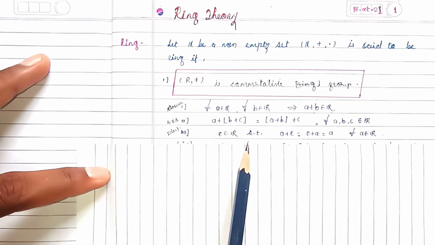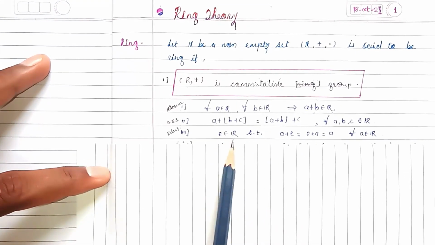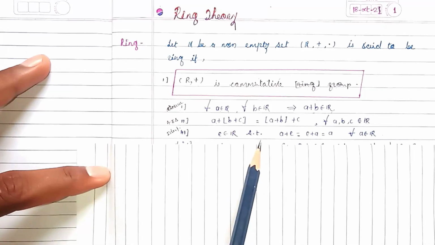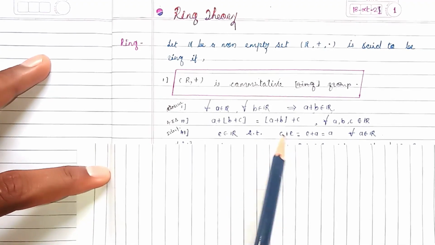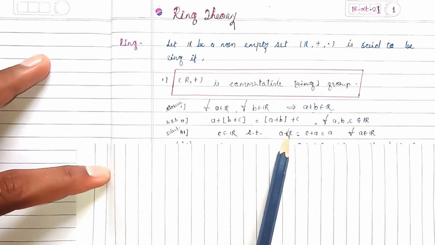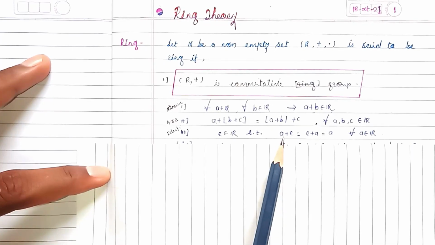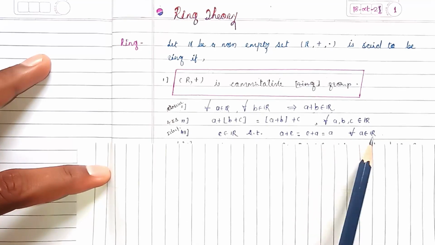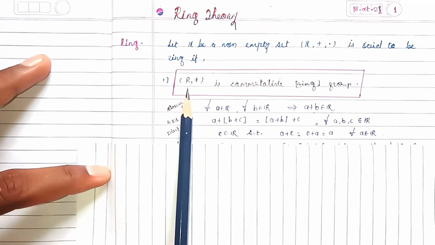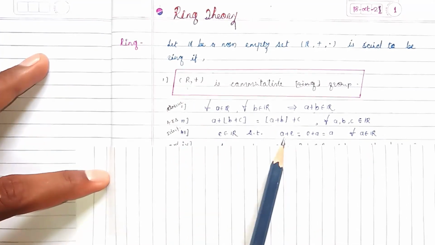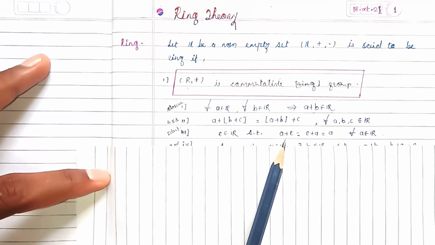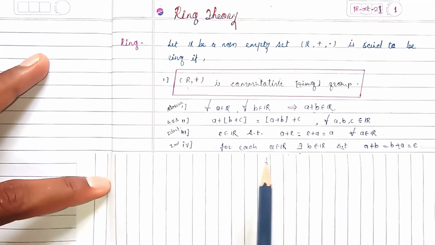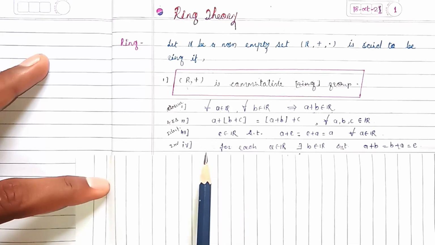The identity element needs to be there. If we take the identity e from the ring, and we are looking at addition, we add the identity to the element: a plus e is equal to e plus a, which is equal to a, for all a coming from the ring. Then we say that our group has an identity element. Next is the inverse.